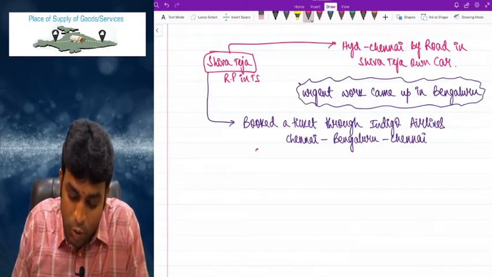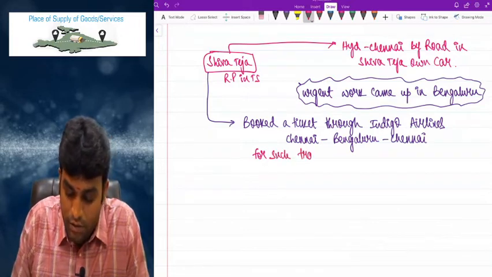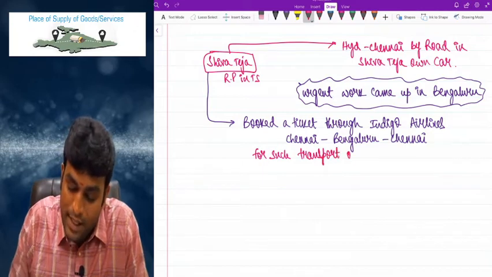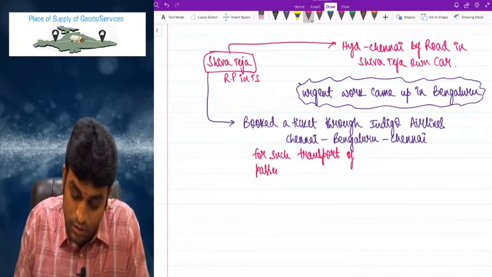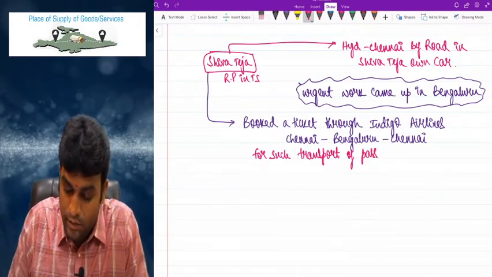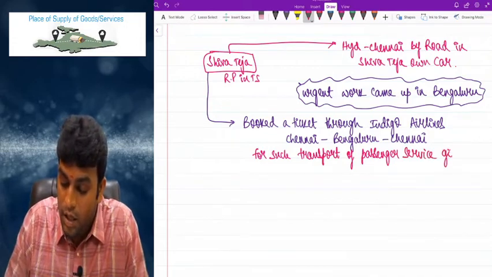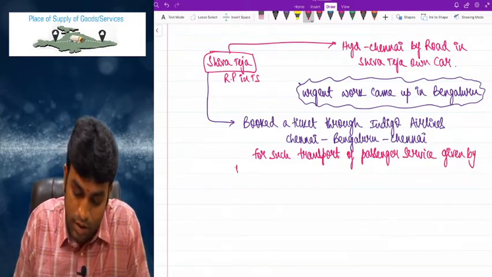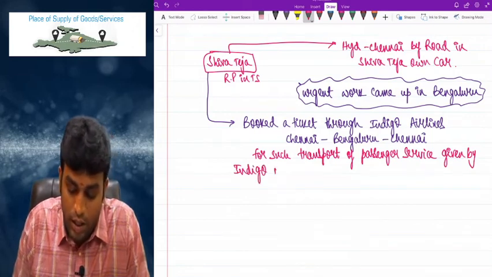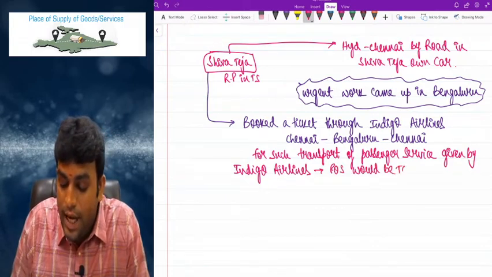For the entire round trip, for such transport of passengers, service given by Indigo Airlines, place of supply would be Telangana state.